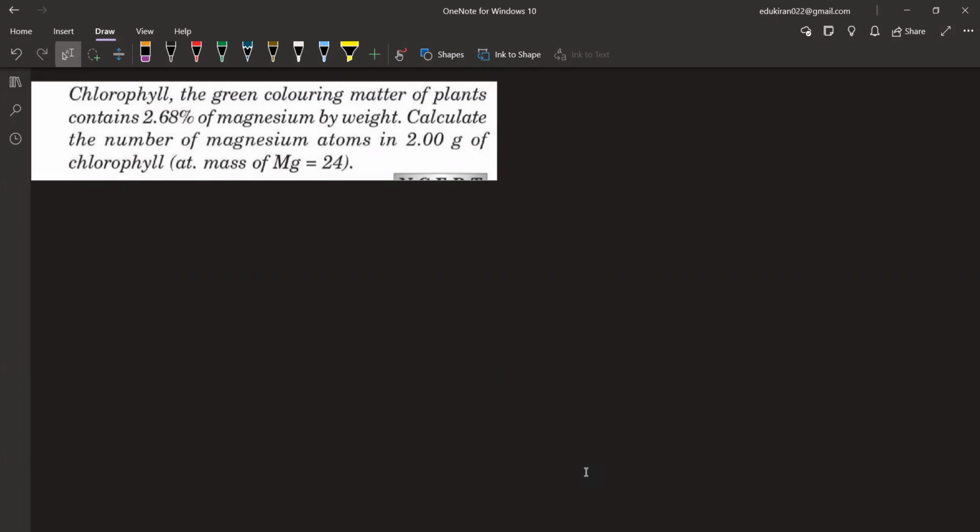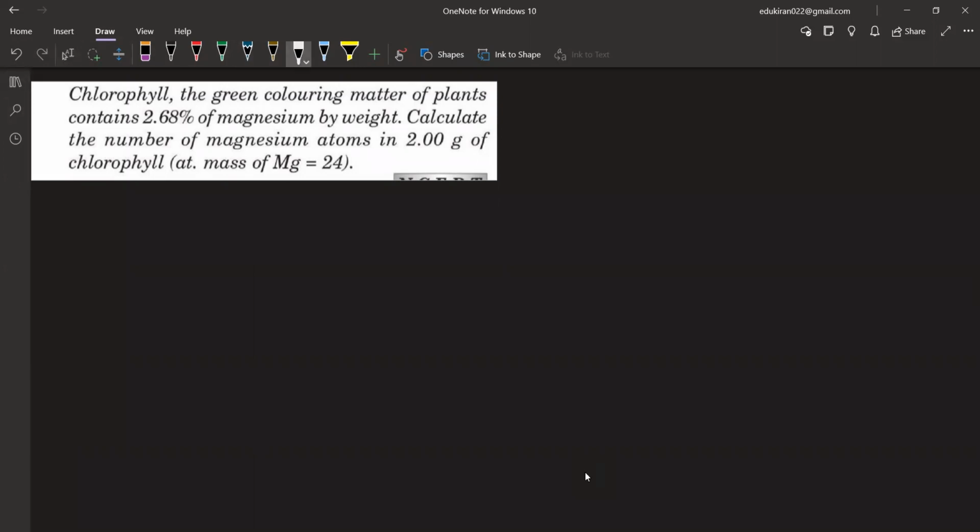Yes, sir. Okay. Now, chlorophyll, the green colored matter of plants, contains 2.68% of magnesium by weight. Calculate the number of magnesium atoms in 2 grams of chlorophyll. So I'll write a few statements here.